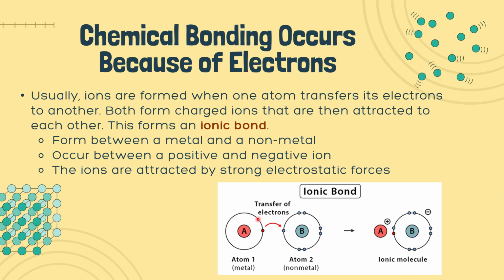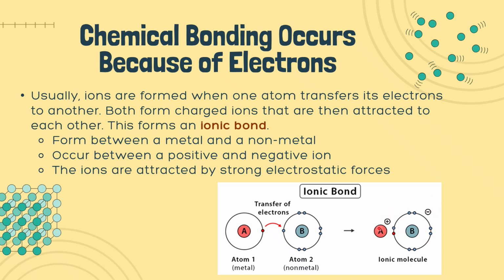So in the case of this hydrogen right here, it has 1 electron. It's going to want to give that up. So it's going to lose that electron entirely and become a cation. It's going to become positive. Whereas the molecule that it's bonding to needs 1 more electron. So as a result, it's going to steal that electron and become more negative.